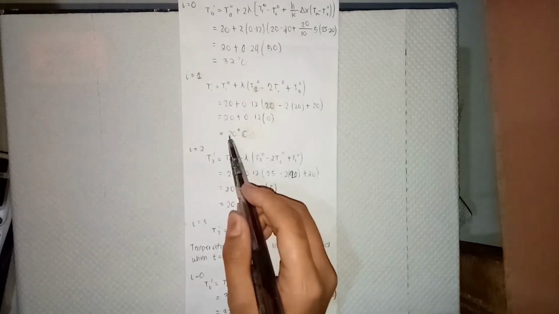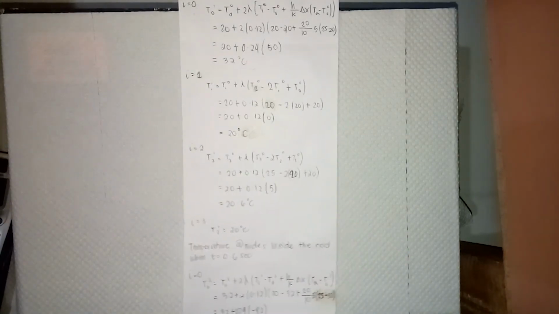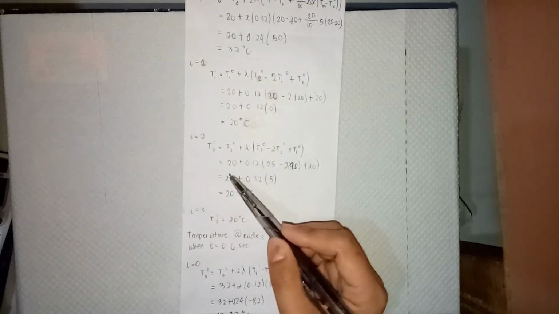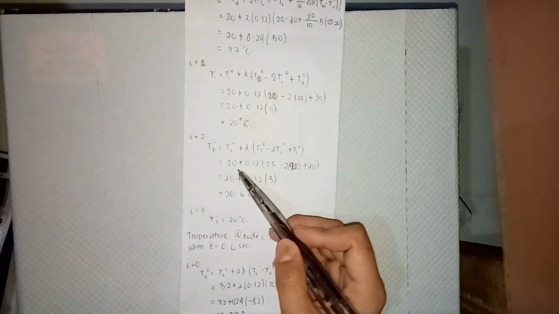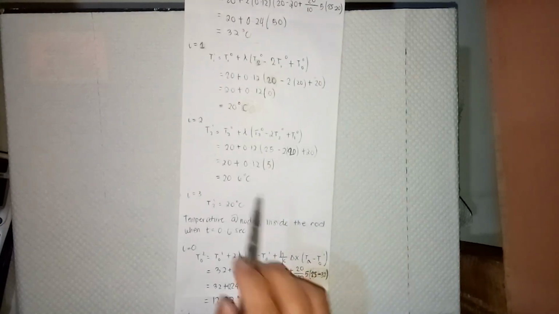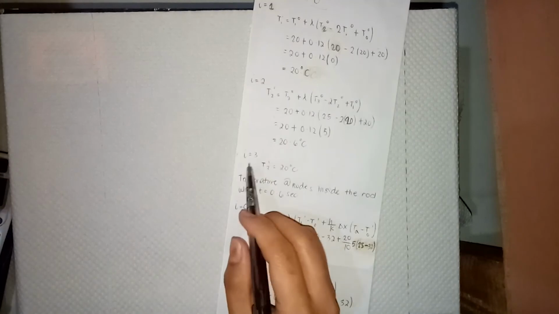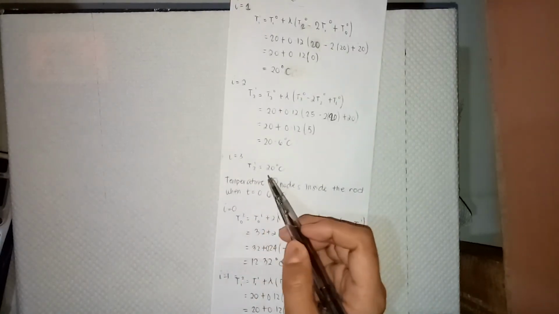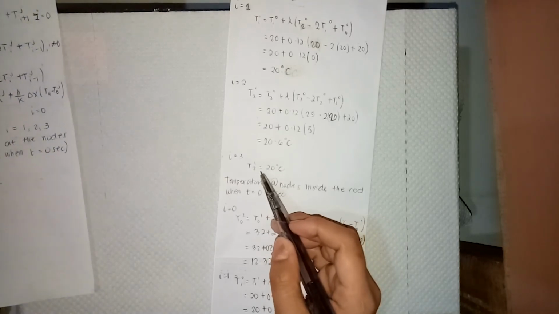So we will get the answer of 20 Celsius. And also the same for our temperature 2. We need to input our values, and we will get 20.6 Celsius. While our temperature 3 is 20 Celsius.